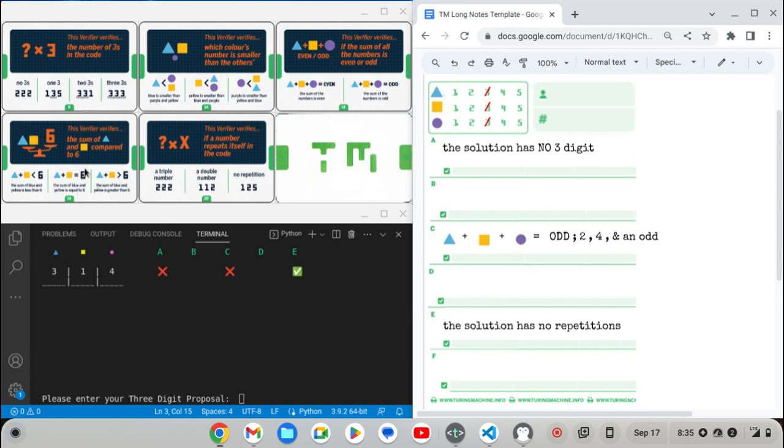I guess the only way to order it would be if the sum of the first 2 is 6, and the square is the smallest, forcing it to be a 2, which would mean the triangle would be a 4, and because the square is the smallest, the circle would have to be 5. So let's try that out. I'm proposing 4, 2, 5 as a possible solution. Let's type that up, 4, 2, 5.